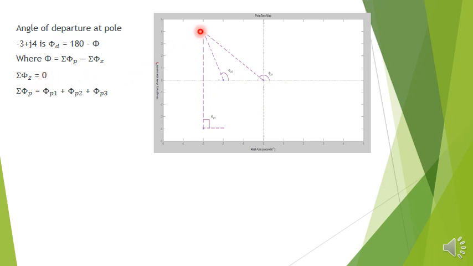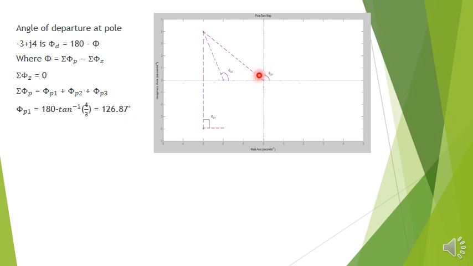And sigma phi p is equal to phi p1 plus phi p2 plus phi p3. In this particular case, I have considered this as phi p1. This phi p1 angle is equal to 180 degrees minus this angle, which is tan inverse of 4 by 3. So phi p1 is equal to 180 minus tan inverse of 4 by 3, that is 126.87.